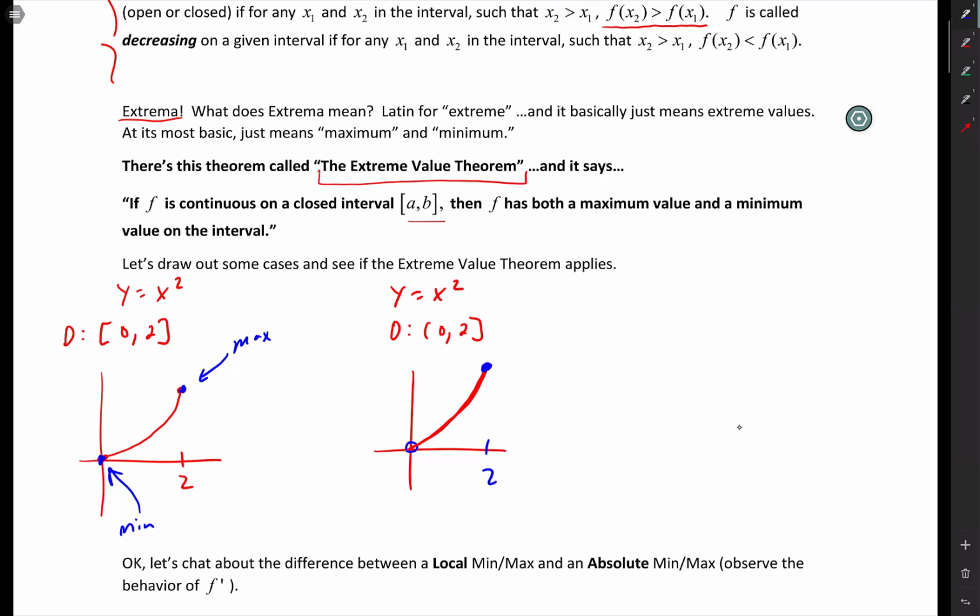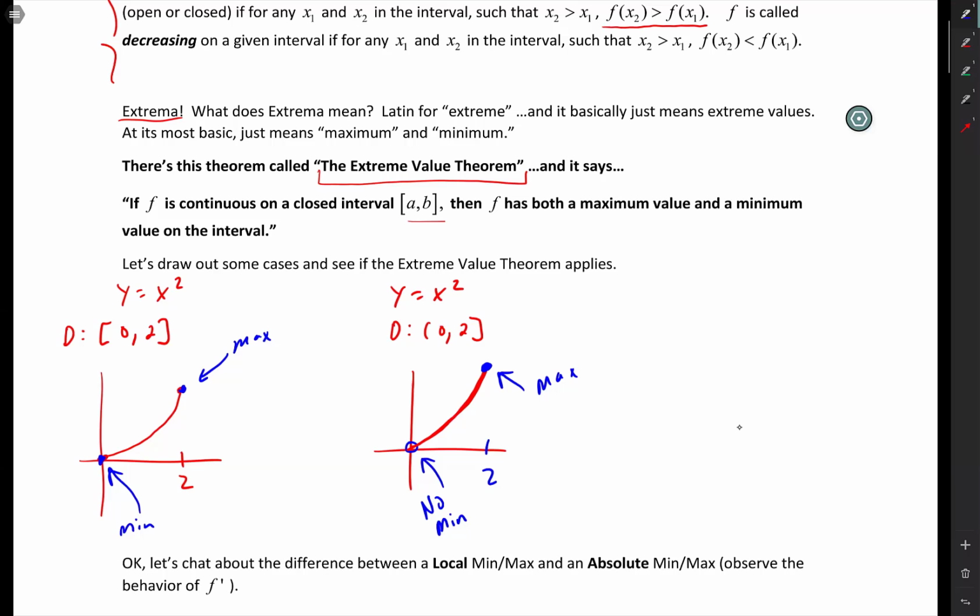This one has no min, but I definitely have the max. No min, because it's not closed. How close do you get? 0.1, 0.01, 0.0001? Exactly. Do you see the issue? You can always get even closer and closer. So you can't call it a minimum anywhere.